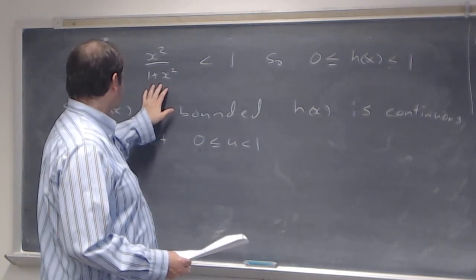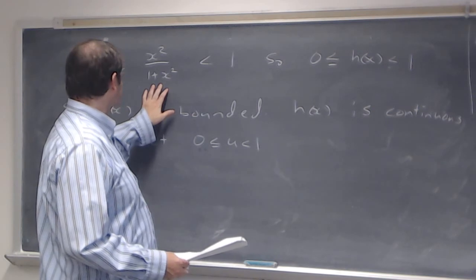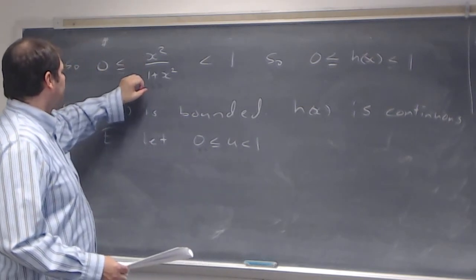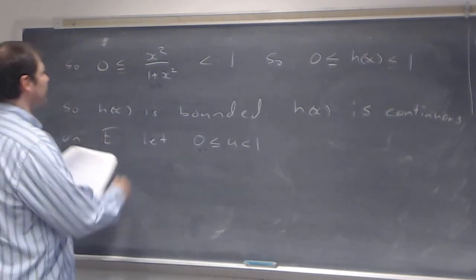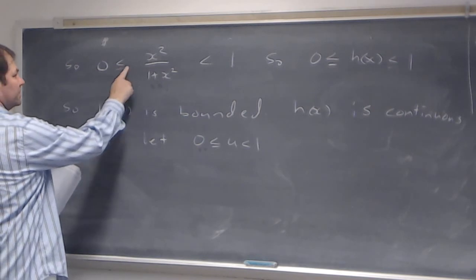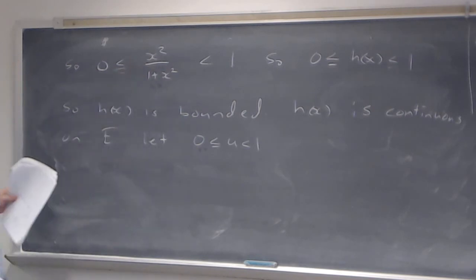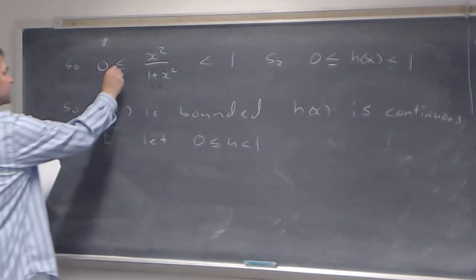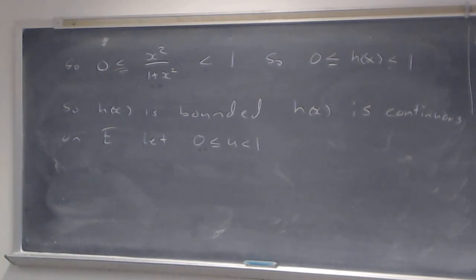Now, E is unbounded, so it has to contain more than 0.